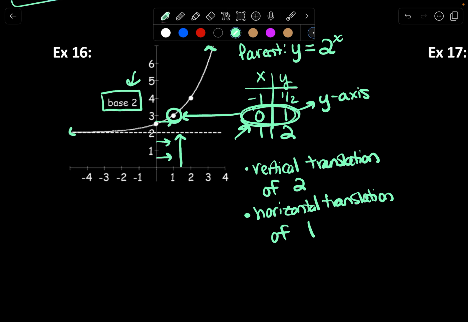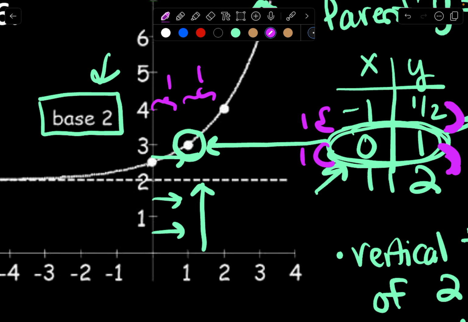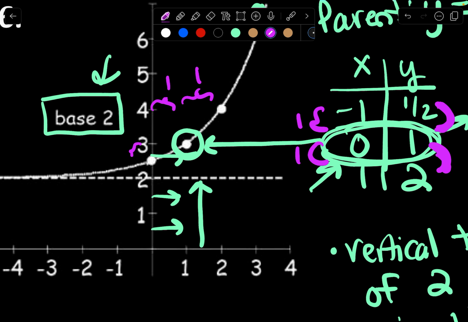And then for dilations, I can also use my key points. So if I look at my horizontal, it has a distance of 1, distance of 1. If I look at this, my points have a distance of 1 as well. So there's no horizontal dilation. Vertically, I can see that this has a distance of 1/2, this has a distance of 1. If I zoom in, I'm looking at these points here.